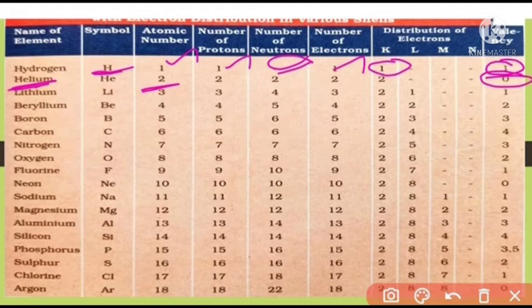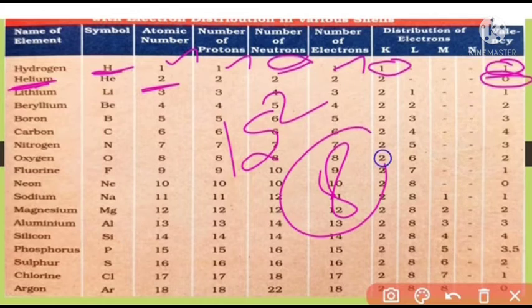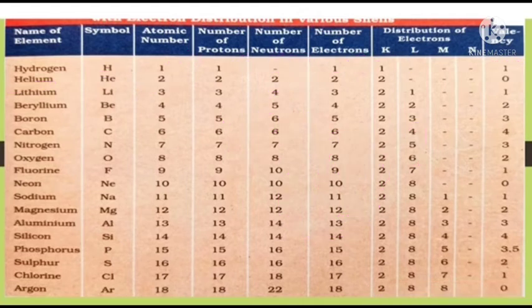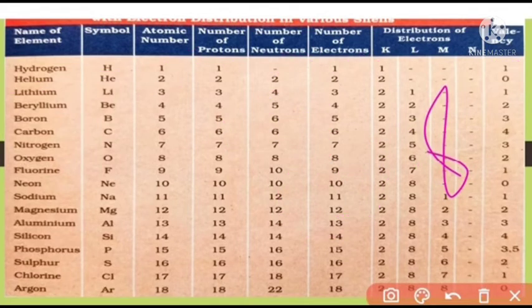Helium's atomic number is only 2, so its electronic configuration is 1s2. Other noble gases contain 8 electrons in their outermost shell, a fulfilled configuration. The maximum valency for one element is 8.